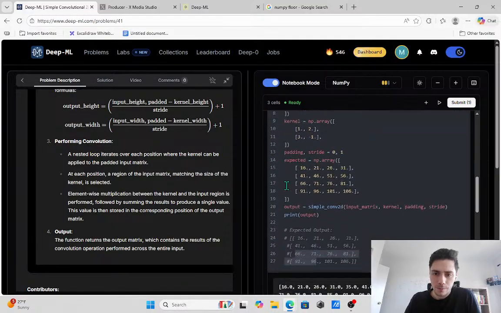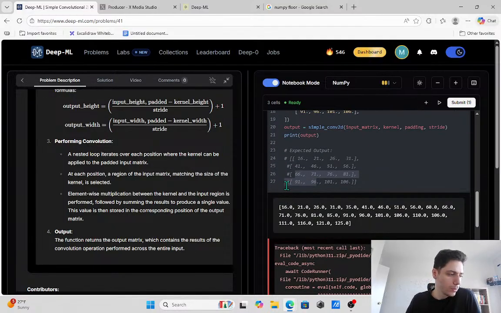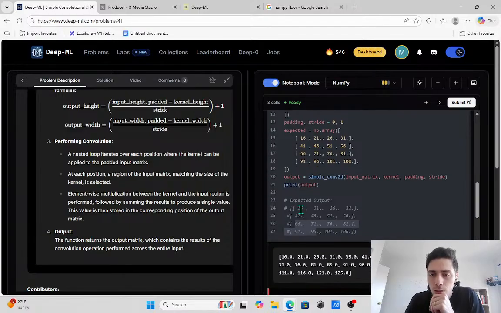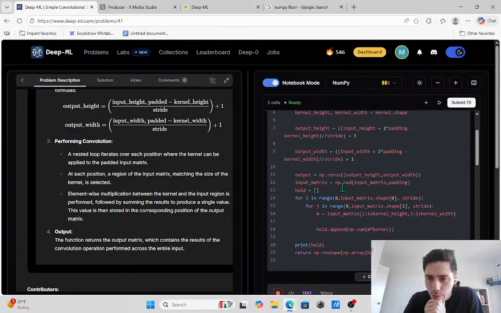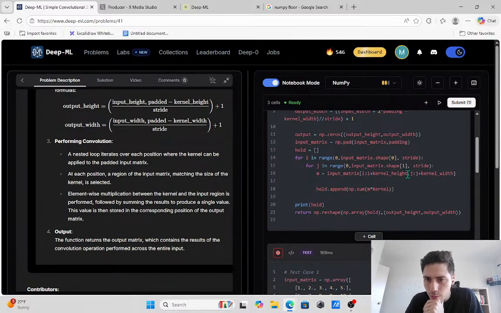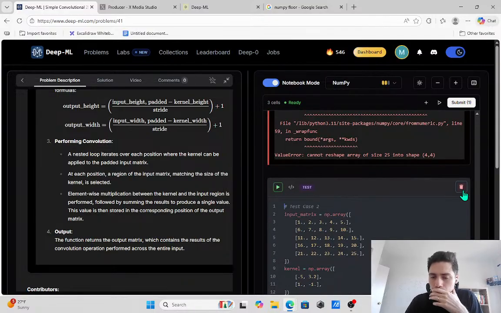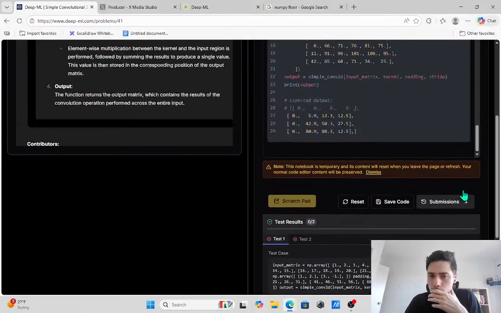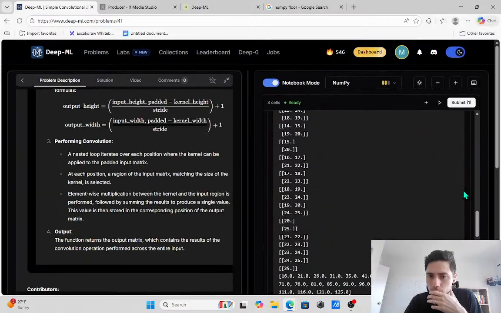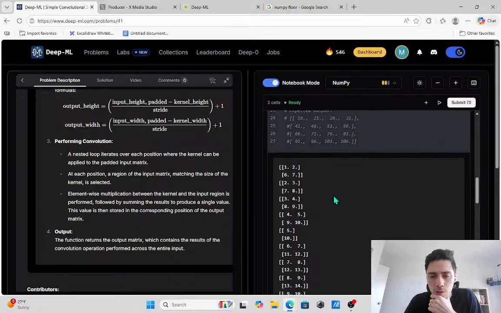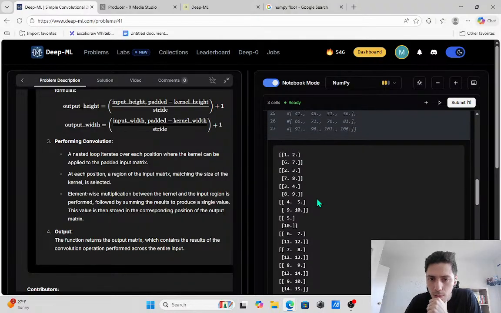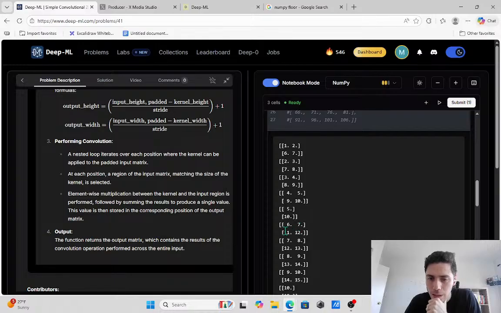Okay, back to solving this. Let's see, I'm pretty sure the bug has to do with this. So let's print out M. So we're doing 1, 2, okay, 5, 10. Then we're going 6, 7. Yeah, I was right.